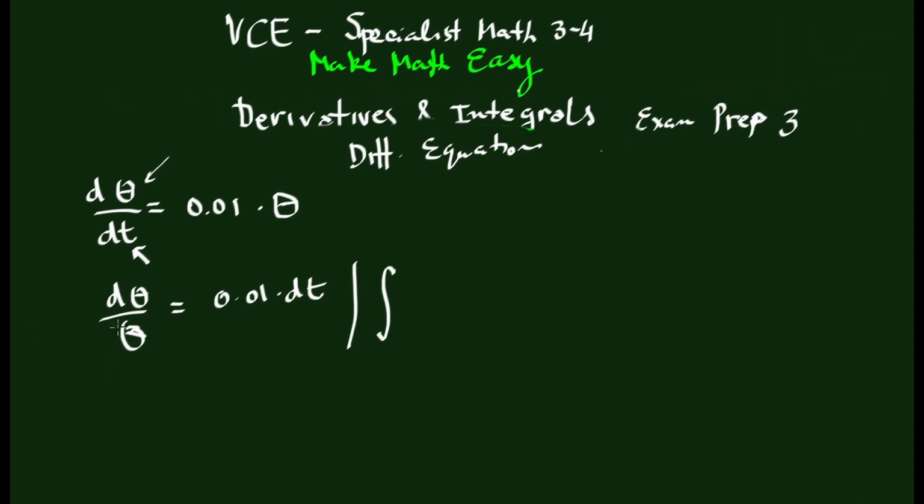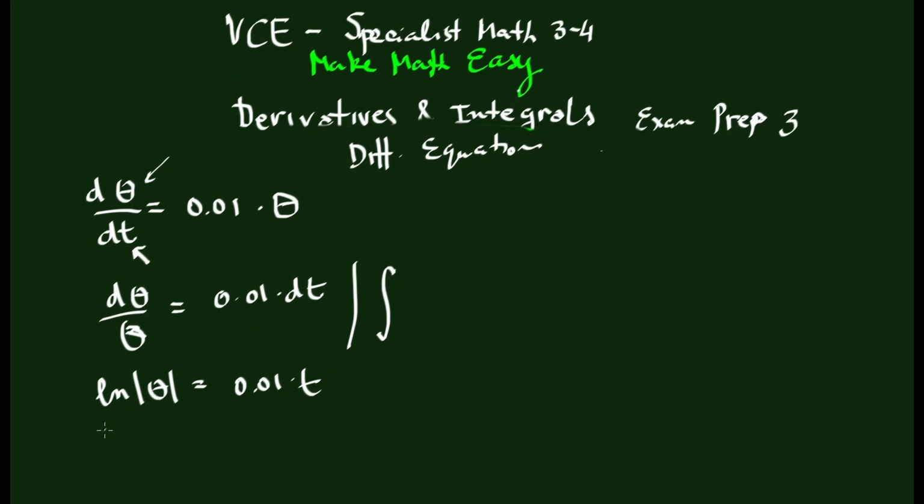You have 1 over q times dq, so of course it's ln of the absolute value of q. And here you have 0.01 in front of the integral, and 1 is t, so you get just 0.01 t.